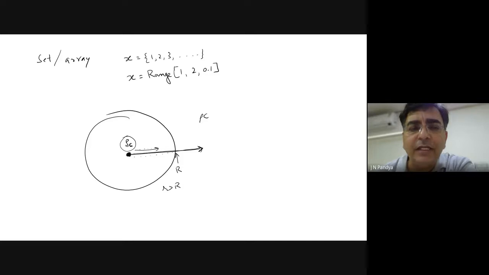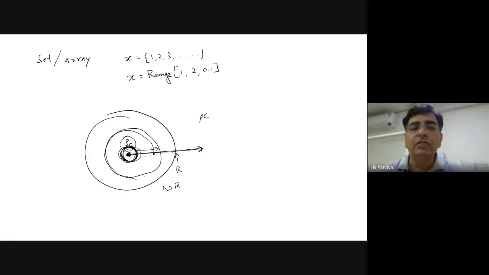Suppose I am here, the sphere subtended by that distance is defining the mass for me. When I'm here, it will be this mass. So obviously, when I'm here, I will have the maximum mass possible for my star.